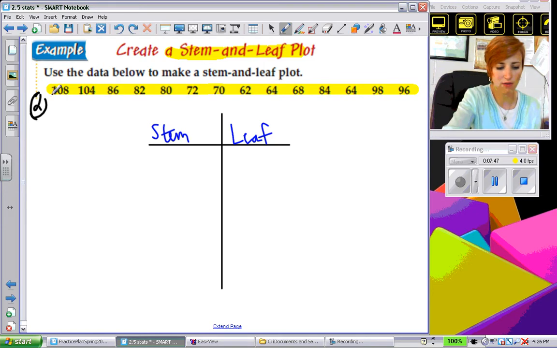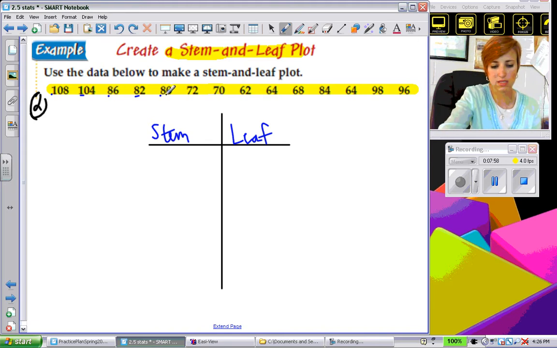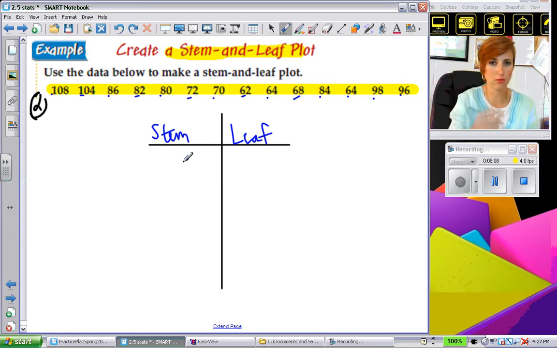You have a couple of place values, but only 2 in the 100s, so that's not my most common. My most common is actually the 10s. All the rest of them have a number in the 10s placeholder. So I'm going to put all my 10s in the column in order from least to greatest, and then write out their leaves.